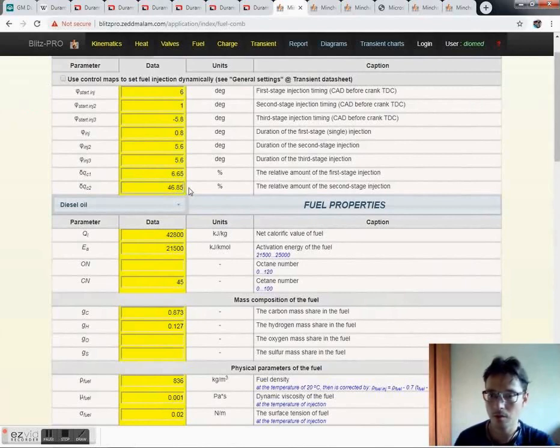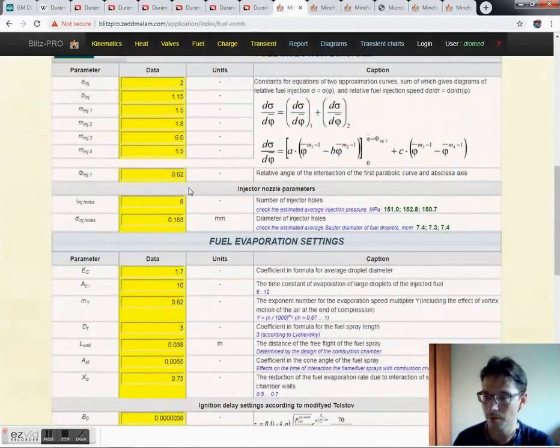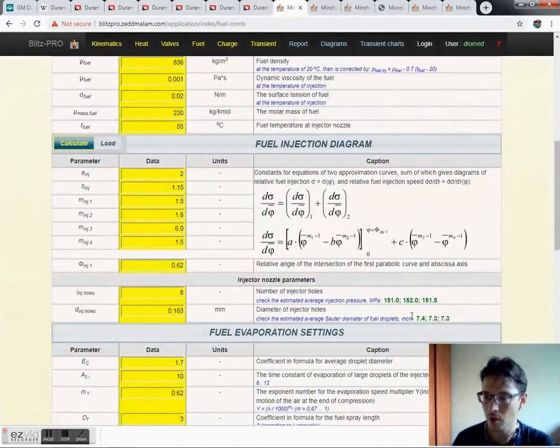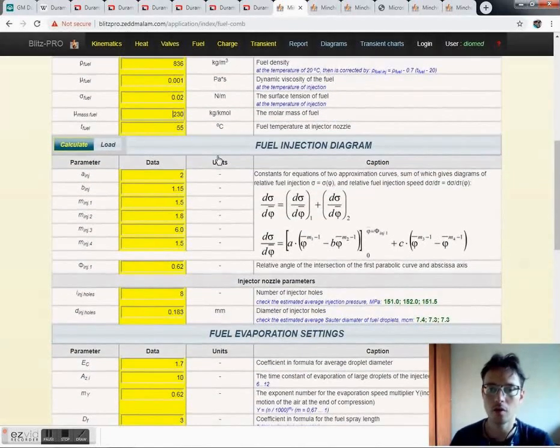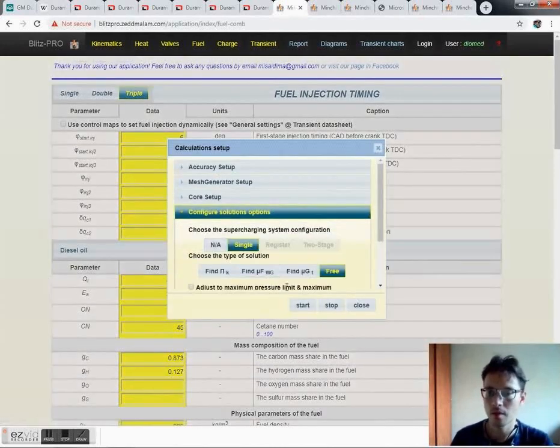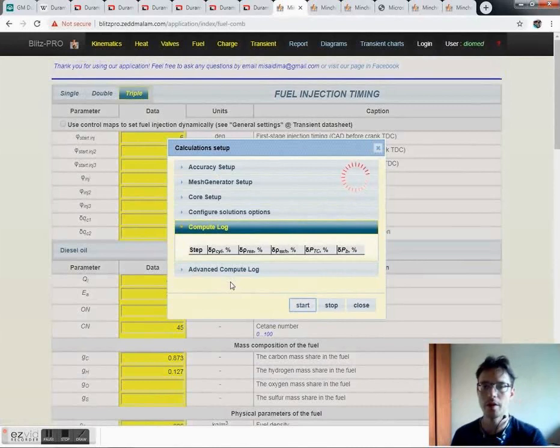That looks good. Okay, so the pressures are almost equal. So let's see what we will have for this triple injection.